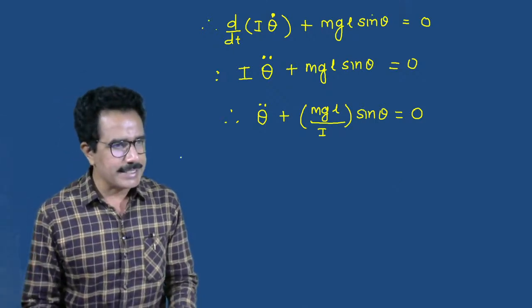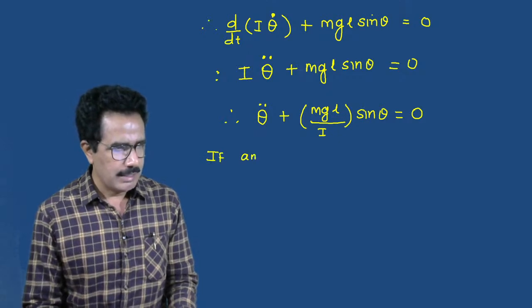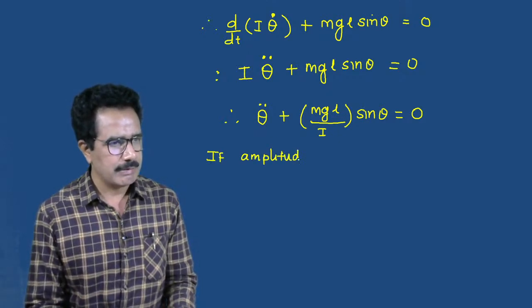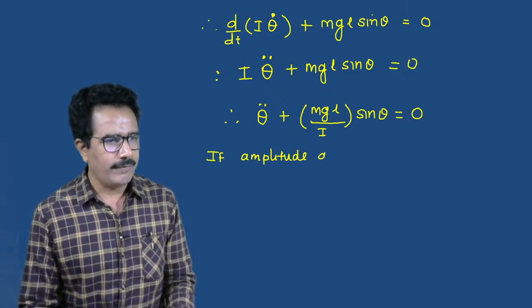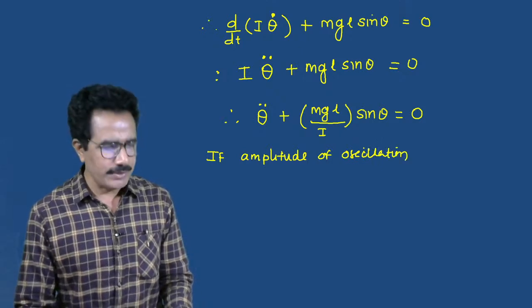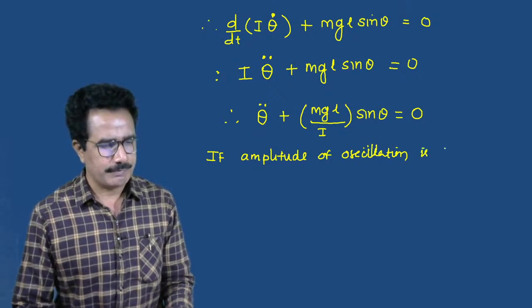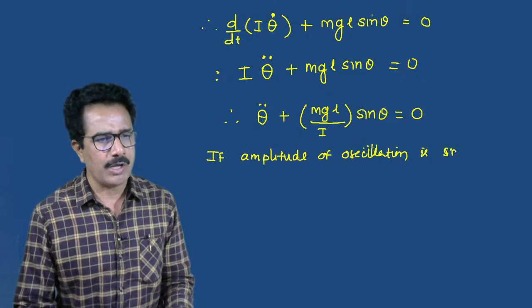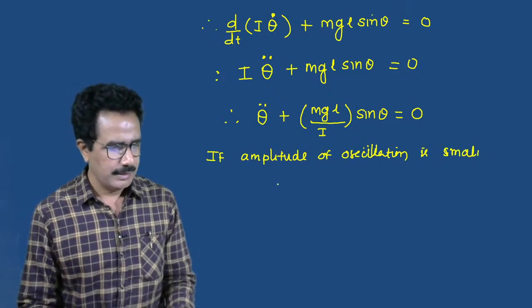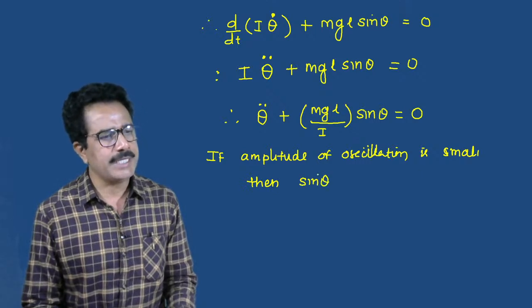So I shall write this: if amplitude of oscillation is very small, then sin theta is approximately equal to theta.